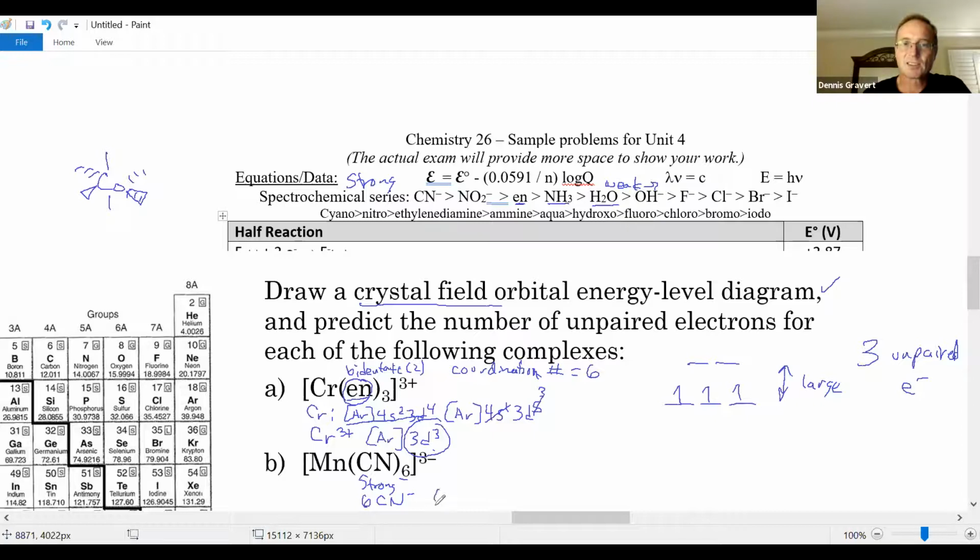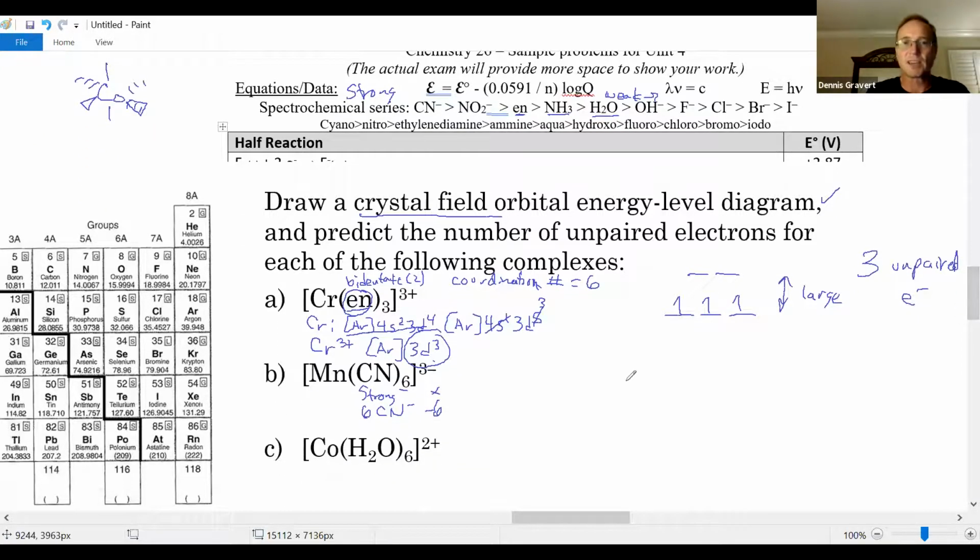So there's 6. There's a net -6 charge from the cyanides. The manganese is unknown. And the whole thing adds up to a -3. So X has to be a +3.